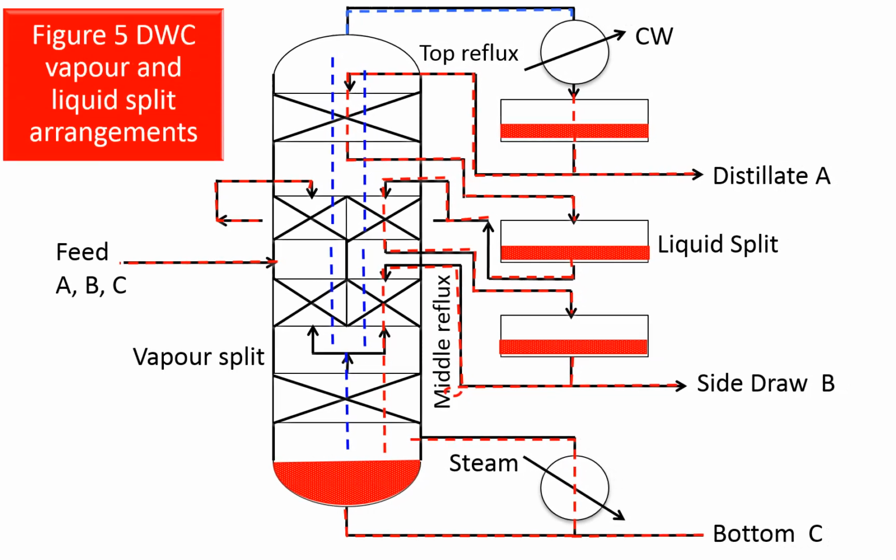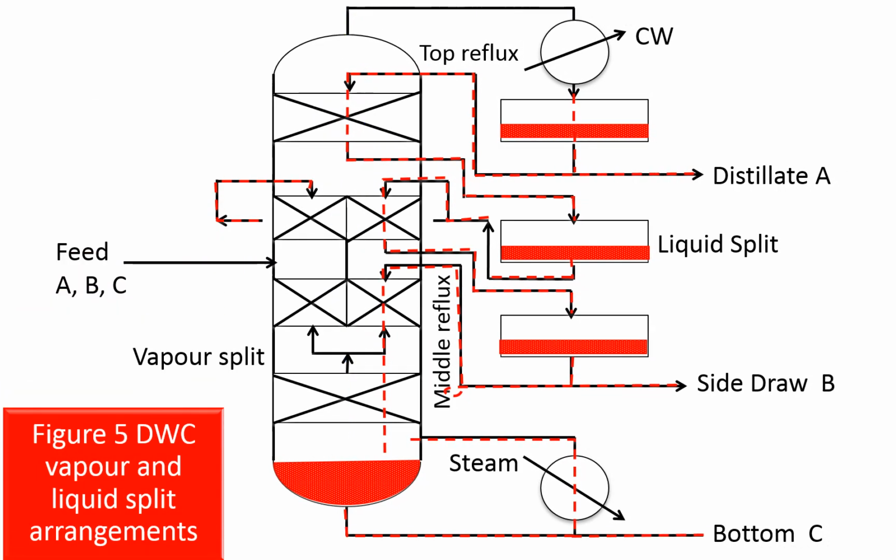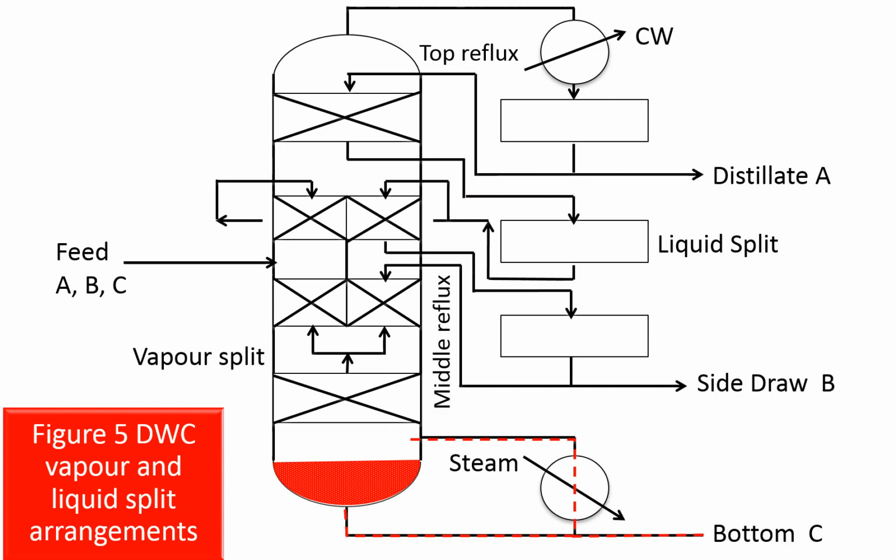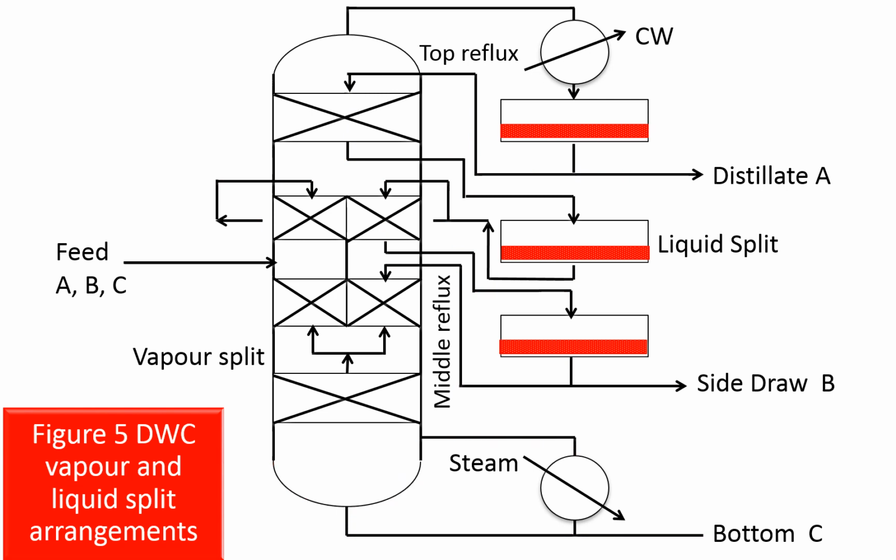This figure illustrates how the liquid split and the vapor split are taking place in the column. This is an important aspect of the design. The liquid and vapor are distributed between the prefractionator and the main column. The technological challenge is to get the control scheme for the vapor split across the prefractionator and the main column.